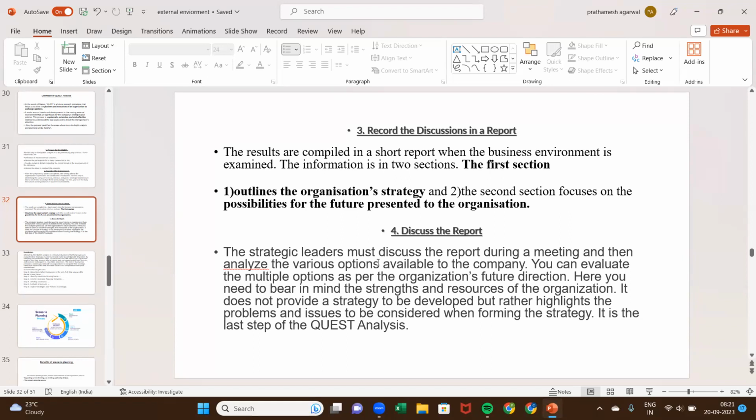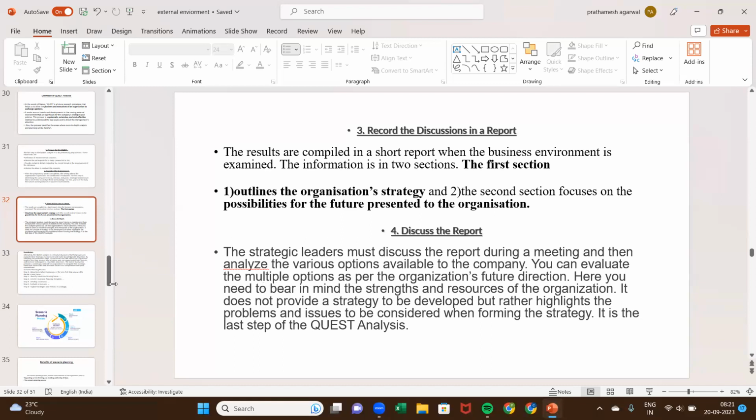At an industry level and at an organization level, there are various options. Now they will select those options which are aligned with the vision, mission, goals, and objectives of the company. You can evaluate the multiple options as per the organization's future direction. Here, you need to bear in mind the strength and resources of the organization.